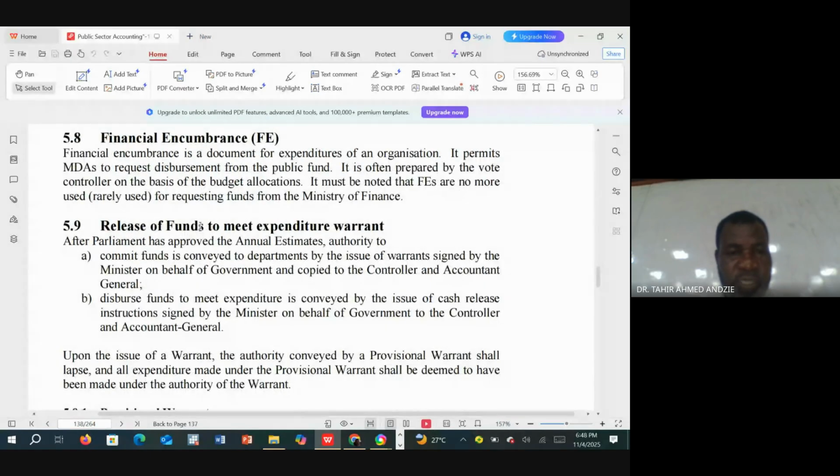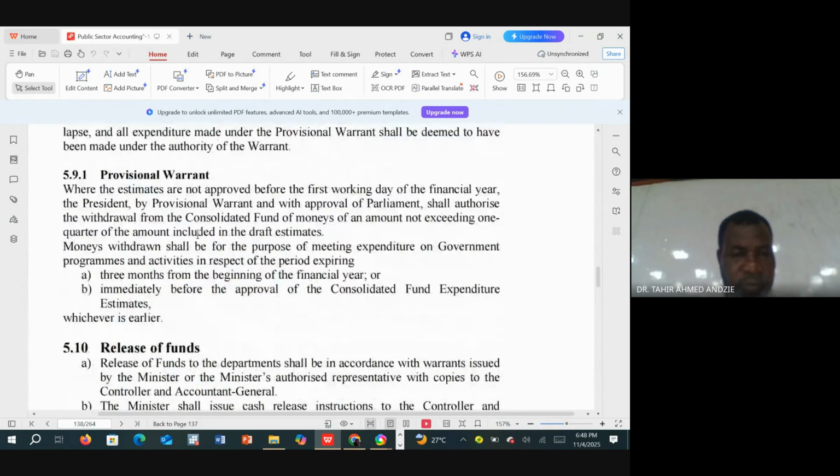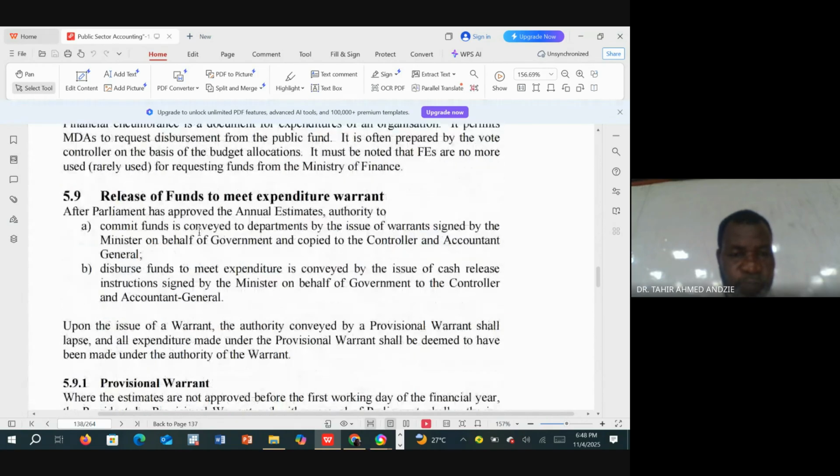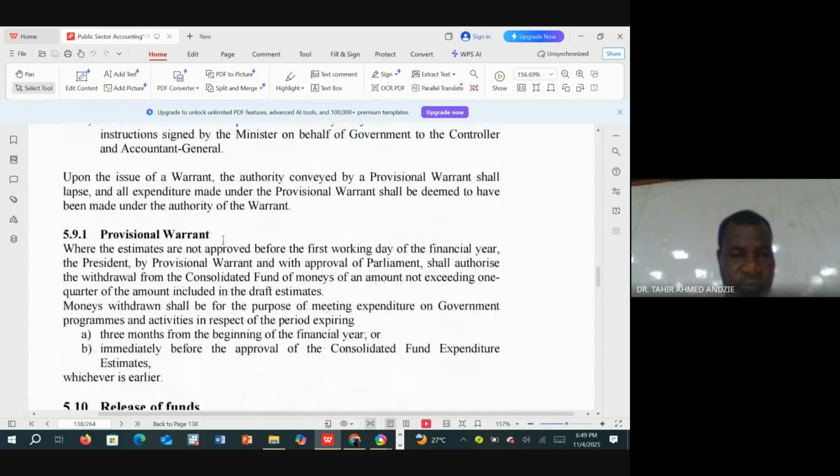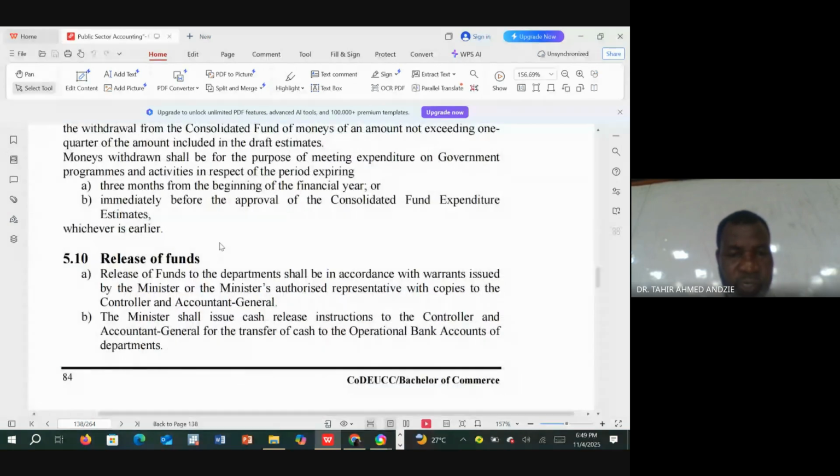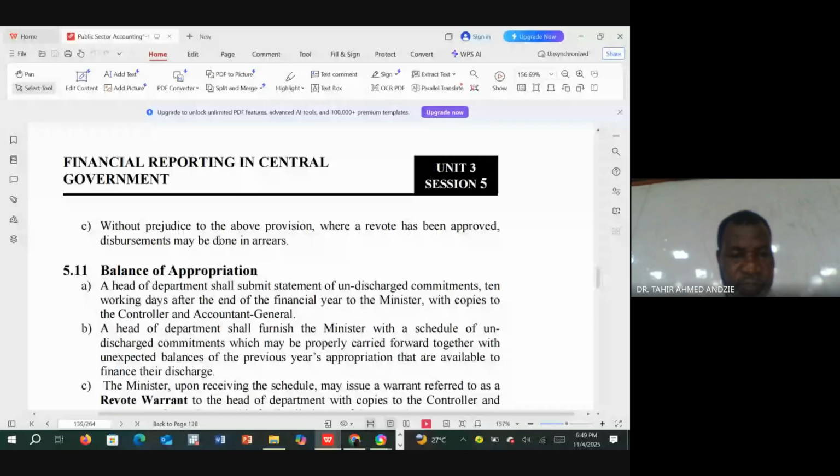This is an old thing that used to be in the public sector, a method of releasing funds to meet the expenditure of the MDAs, but it is no more in use now. So don't worry yourself about that one. Then the difference between expenditure warrant, provisional warrant and reverse warrant. So look at them carefully.